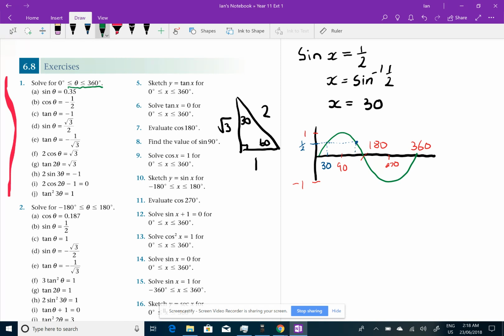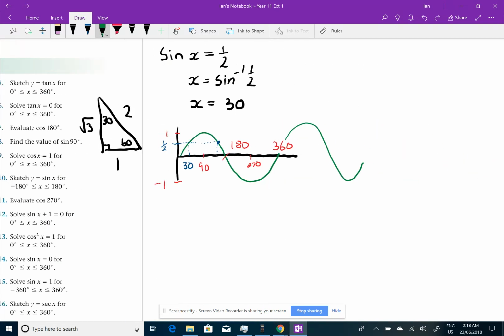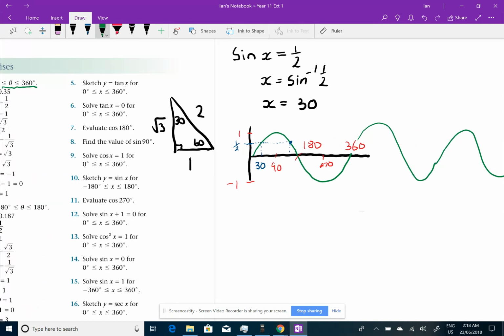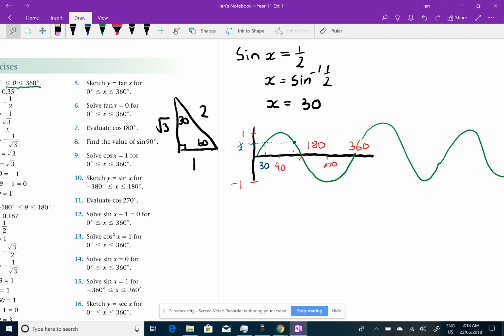If we were to continue the sine curve, it would go on forever, and we would have an infinite amount of answers. But because we're restricted between 0 and 360, we're only concerned from here to here. There are only 2 answers.